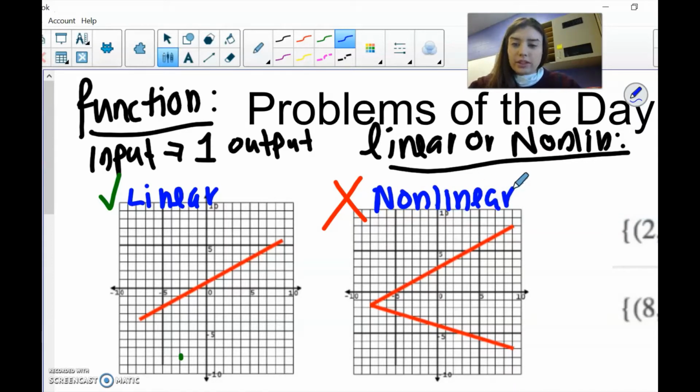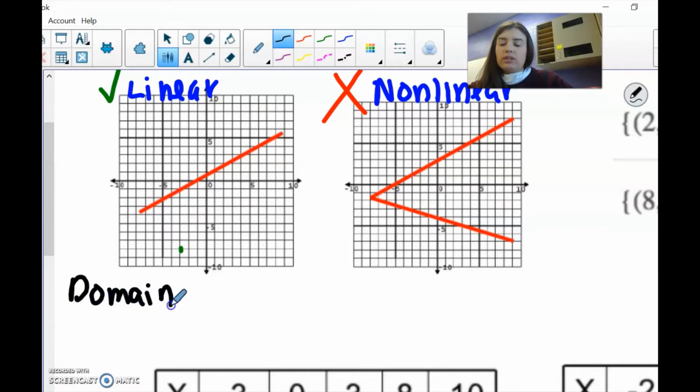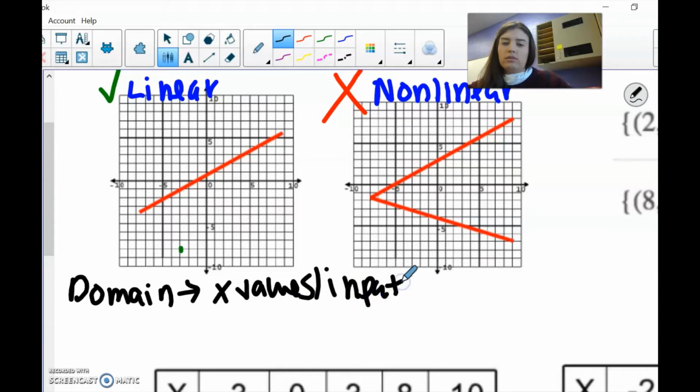Okay, now we're going to look at what their domain and range is. So when I say domain, you should always think our x values, input values. So when we're looking at our x values, for this first graph, we're going to say what's the smallest x value on this x-axis that our line lines up with.